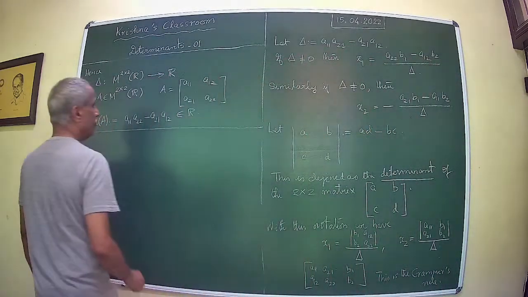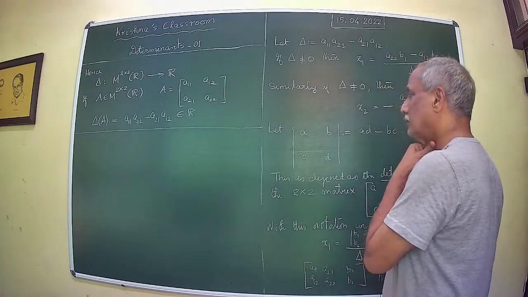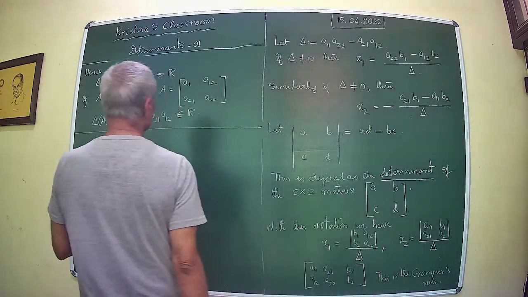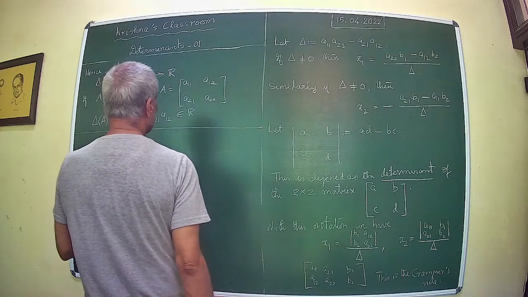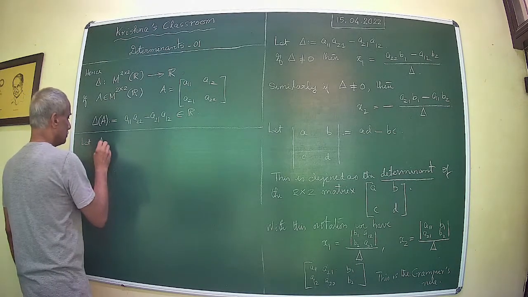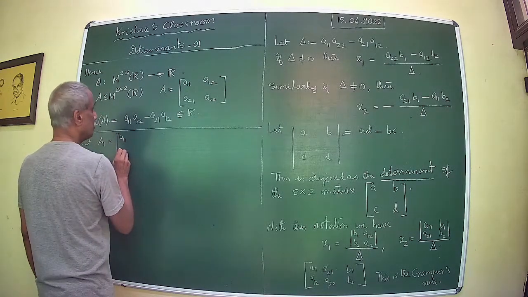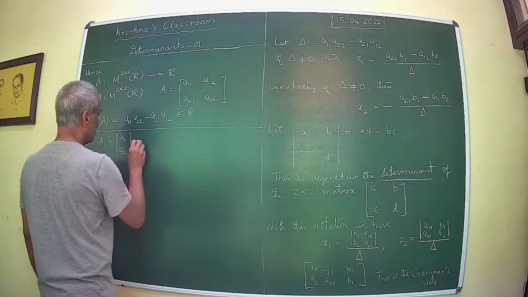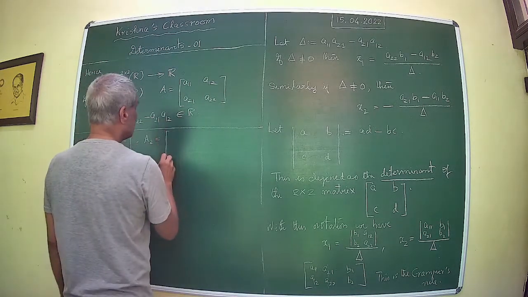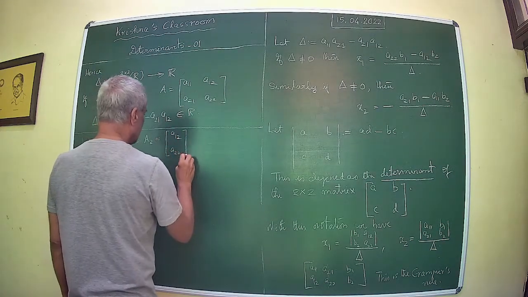So let me write A equal to the column vector A1, and A2 denotes the second column vector.